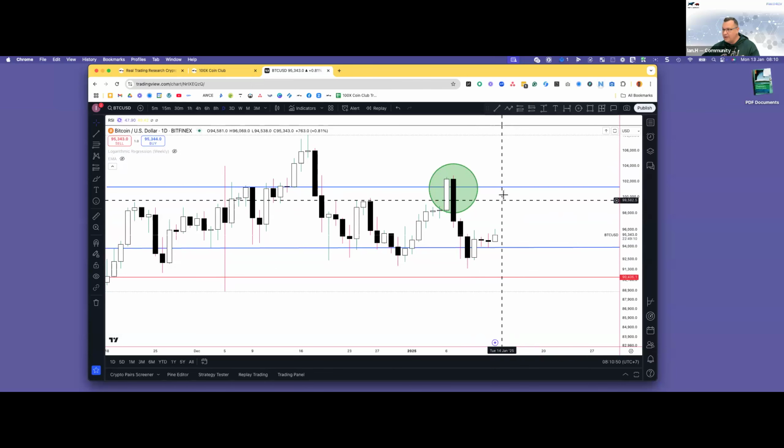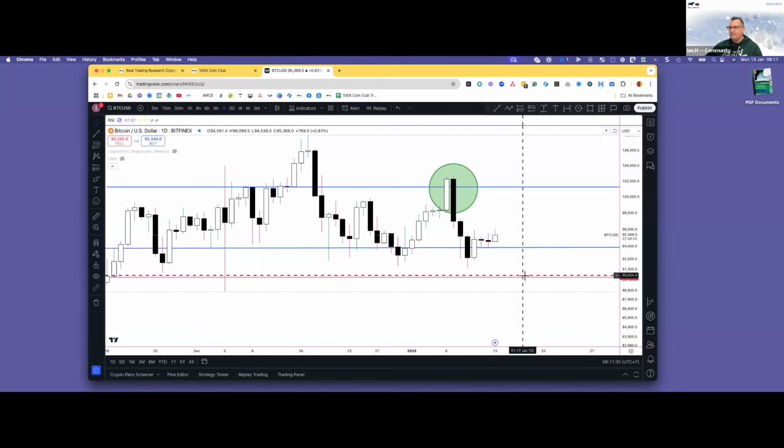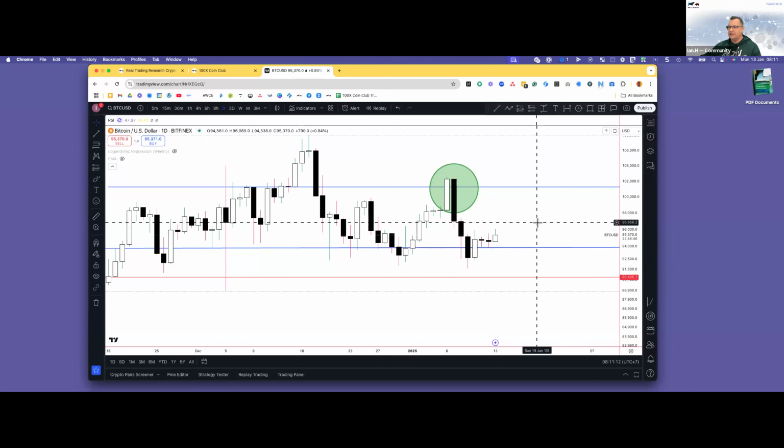We could downside wick into it, but as long as it closes above that line, things should be pretty good for us. So keep looking out for them all the time, and whenever there's a support or a resistance involved, because it's the interaction with price at these supports and resistances that creates the various opportunities.